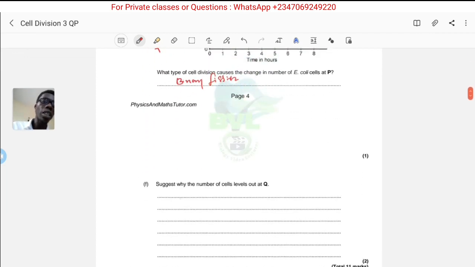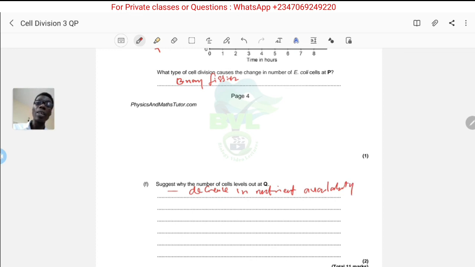Okay, yes. The reason number one is because the nutrient availability has been reduced. Okay, let me write this way. Because of decrease in nutrient availability.